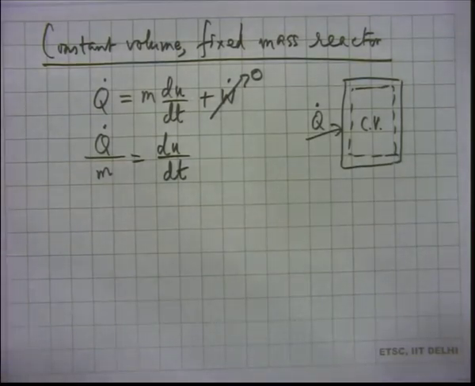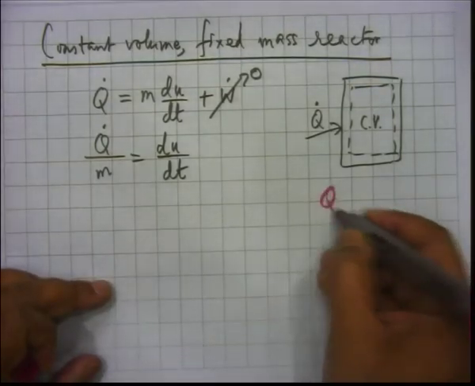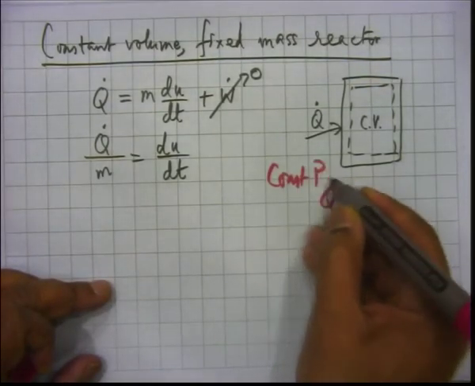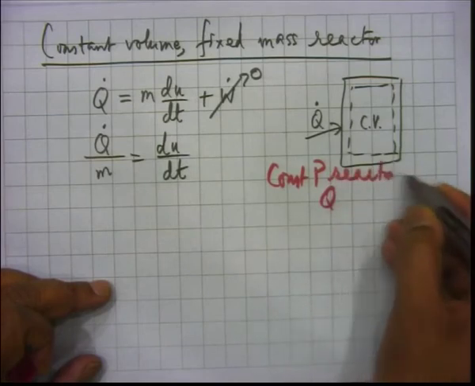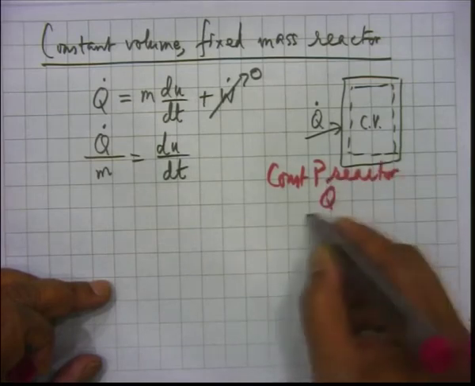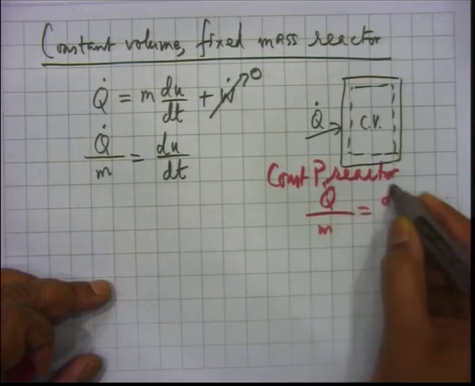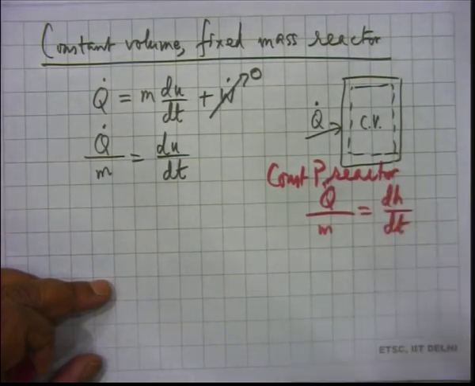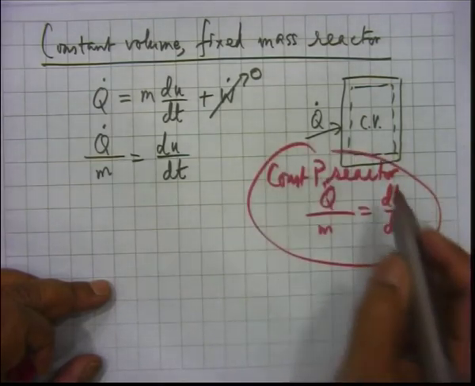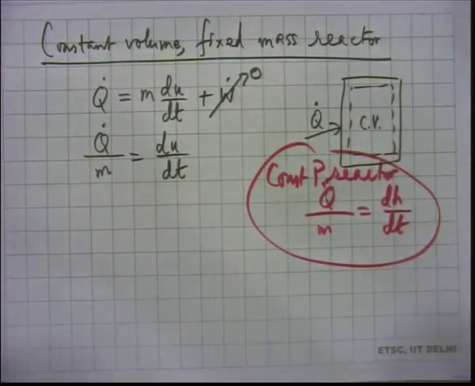And if you remember, in the constant pressure reactor case, what did we get for q dot by m? If you had a constant pressure reactor, q dot by m was dH by dt. So, this is the old one, this is what we did last time.